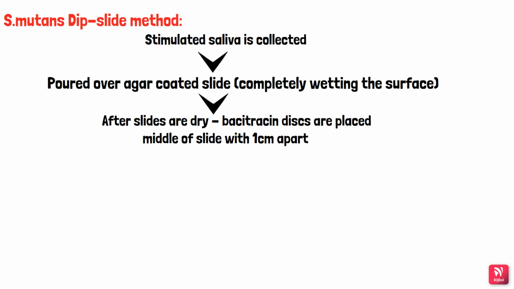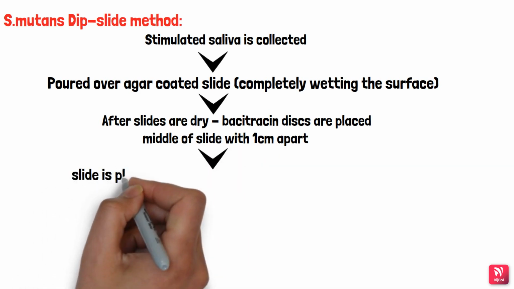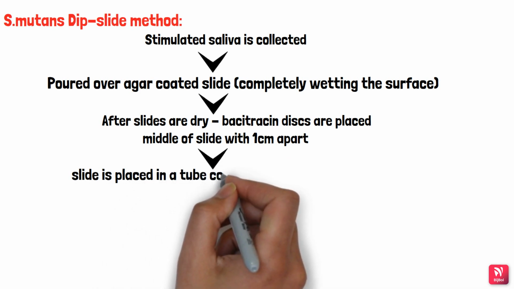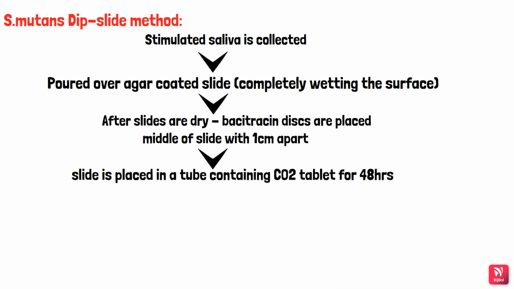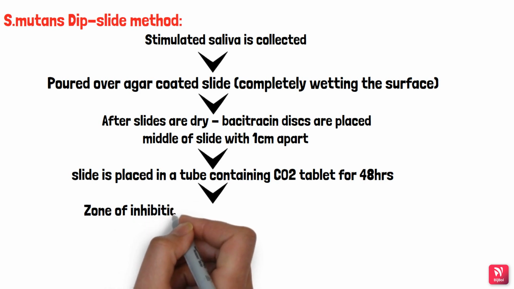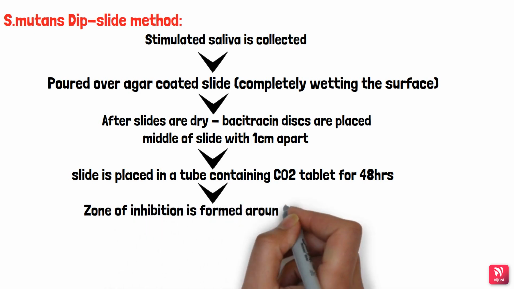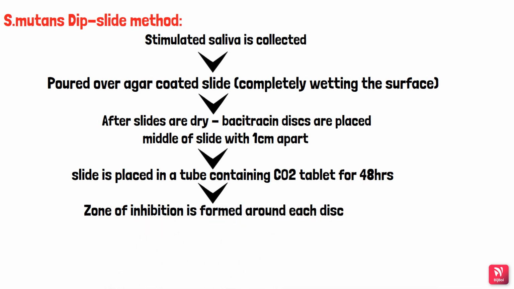The slide coated with the patient's saliva and bacitracin discs is placed in a tube containing a carbon dioxide tablet and incubated for around 48 hours. We will see a zone of inhibition of around 10 to 20 mm formed around the bacitracin disc, because bacitracin inhibits the growth of bacteria.